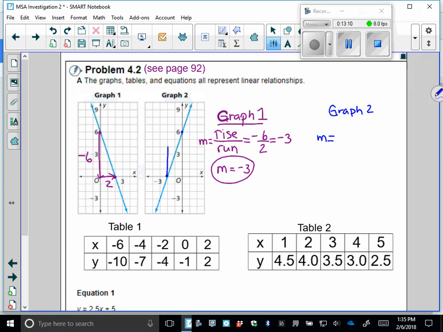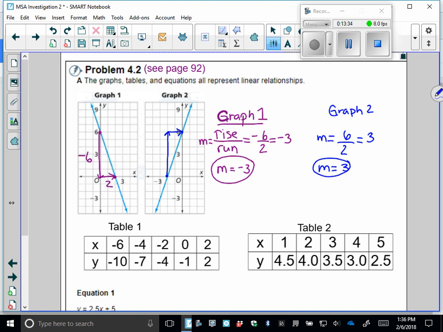So I'm rising still 6 units, and I'm still going 2 units, but this time I'm going up and to the right, so it's uphill, so it's positive. So it's the same steepness, but the opposite direction. That's the difference. Thumbs up or thumbs down, guys?